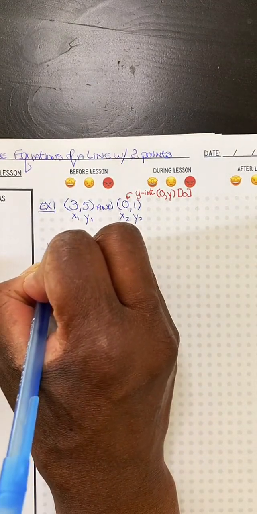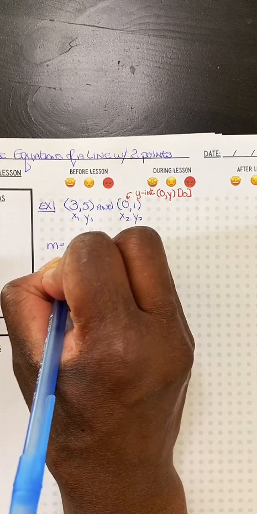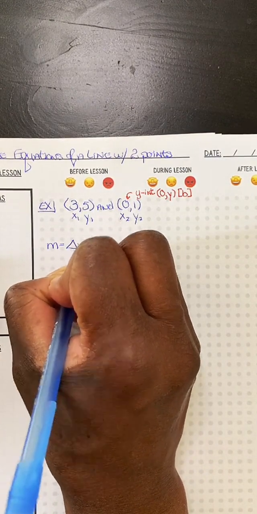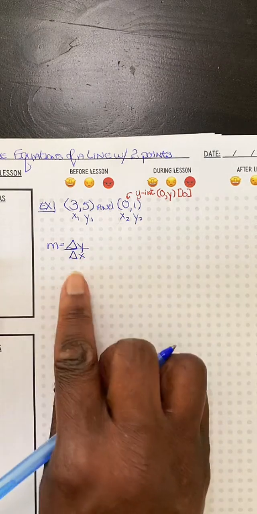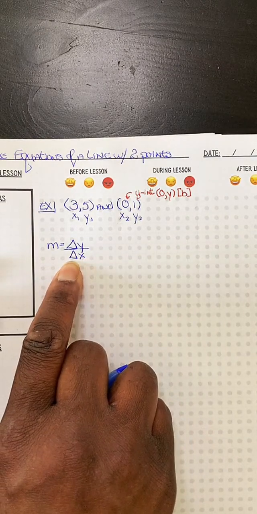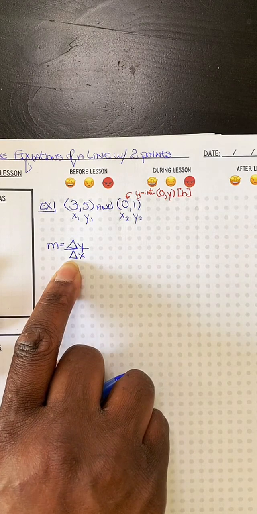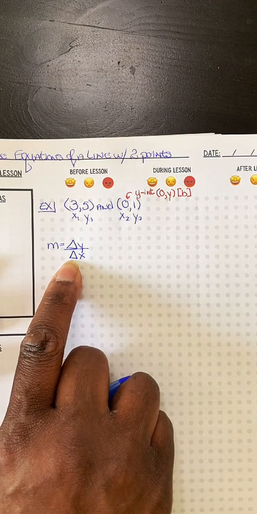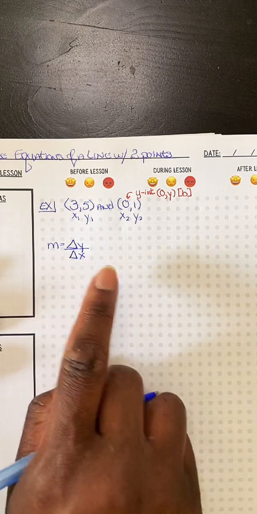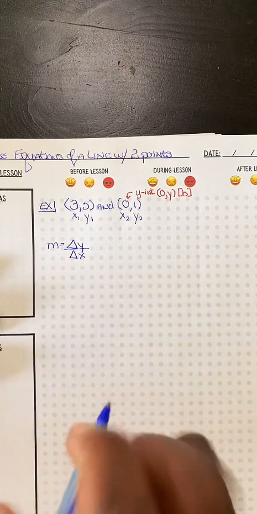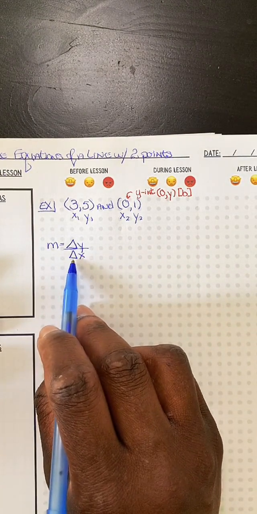The way that we find our slope, remember, is the change of y's over the change of x. Delta, that little triangle, means change. If you know any sororities or fraternities that use this delta symbol, delta sigma, it means change.